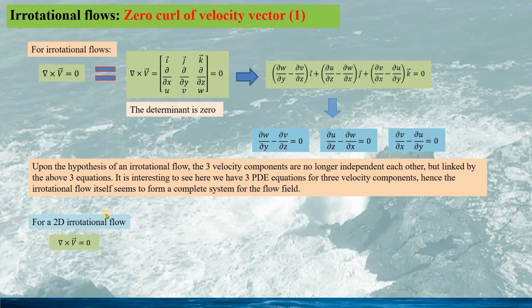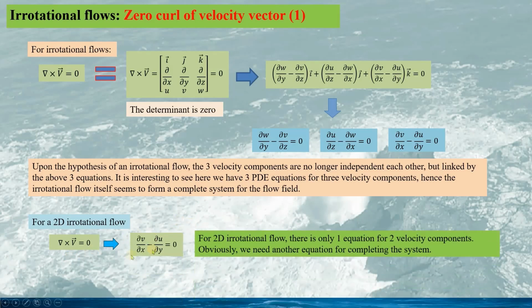To answer this question, we look at an example for the 2D potential flow. In 2D, the zero curl of the velocity vector would lead to an equation like this. So here we have one equation for two velocity components u and v.